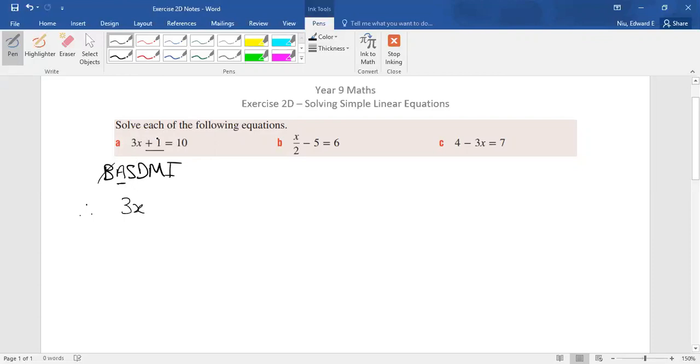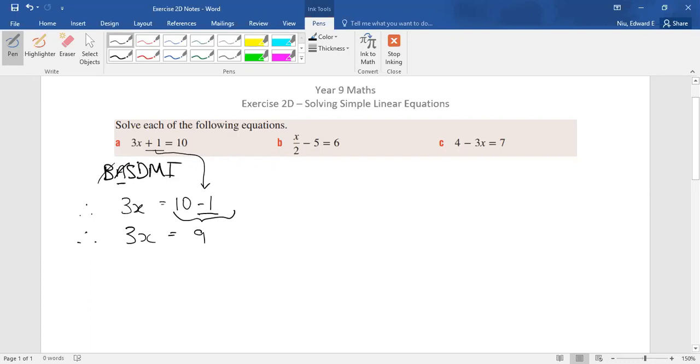Remember, we're going to chuck this positive 1 to the other side and turn it into a negative 1. So this positive 1 has just turned into a negative 1. And then we can cross that out and simplify. So therefore, we know 3x equals, well, this part here would get us 9 because 10 take away 1.